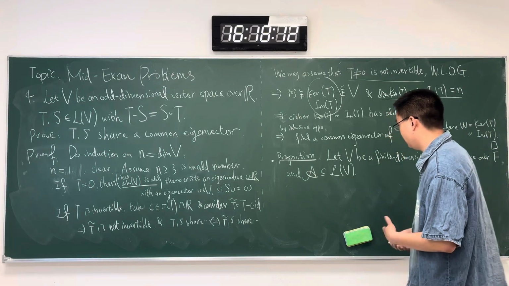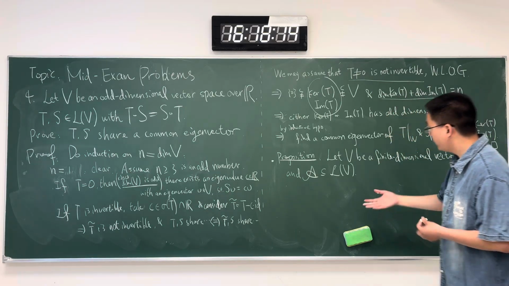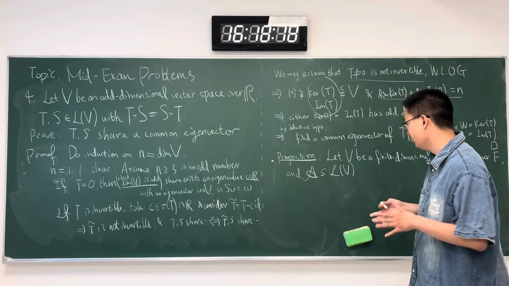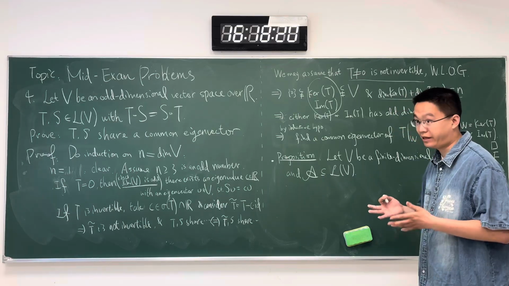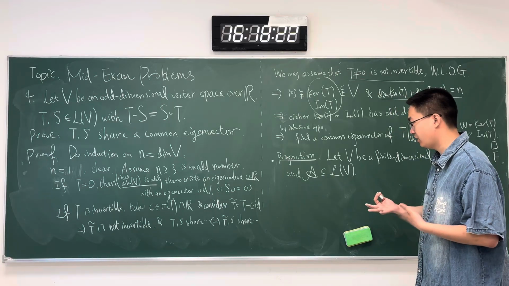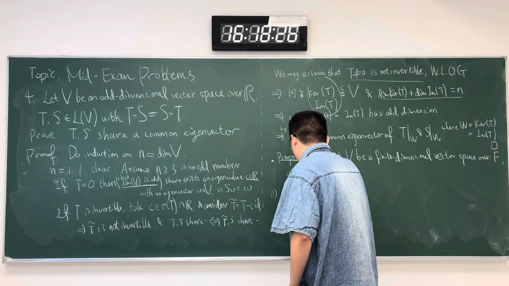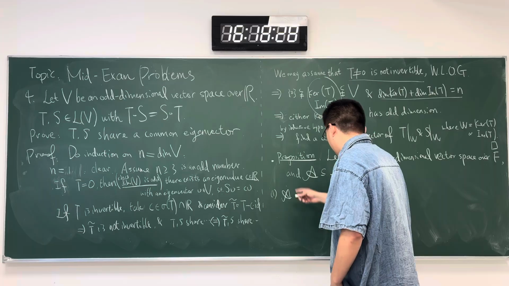Then we would like to consider when the linear transformations in this collection fancy A are simultaneously diagonalizable or simultaneously upper triangularizable. First, let's put it simply.